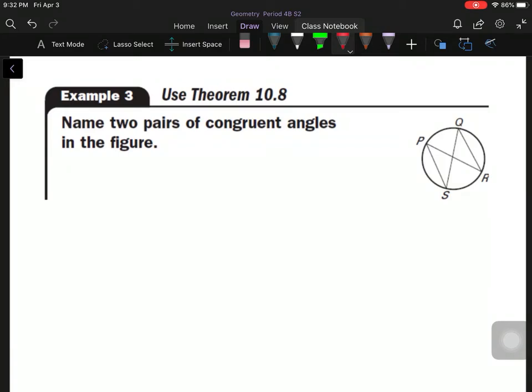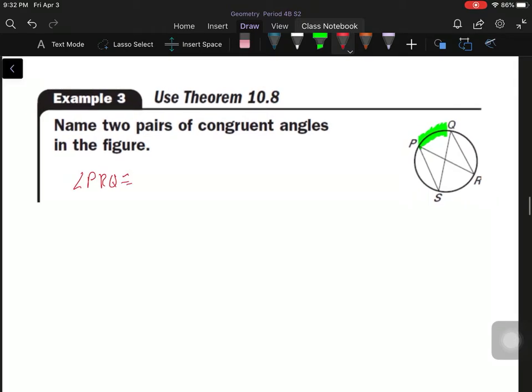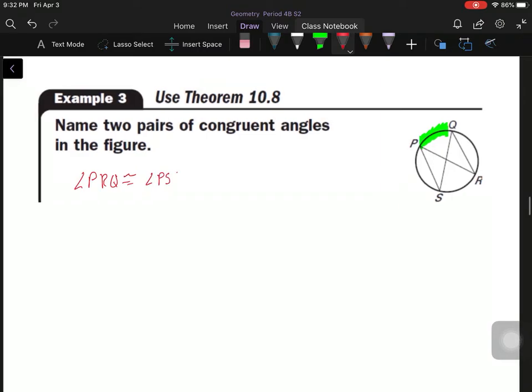So name two pairs of congruent angles in the figure. So if I highlight arc PQ, angle PRQ is congruent to angle PSQ.